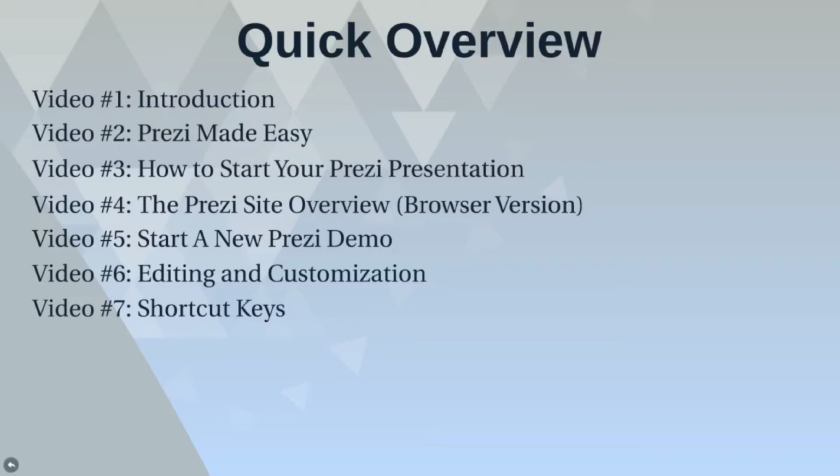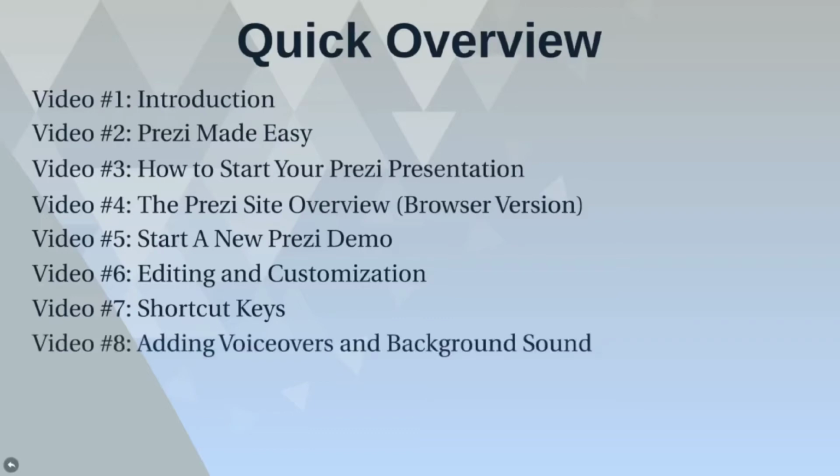And video number 7, we'll talk about shortcut keys. So as you begin to learn Prezi, having access to the shortcut keys definitely can help speed up the whole process. Video number 8, we'll talk about adding voiceovers and background sound. So for those of you who want to take Prezi and essentially turn it into a video, this video will be for you.